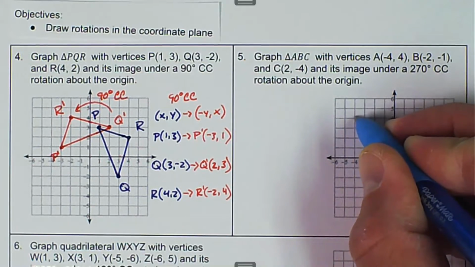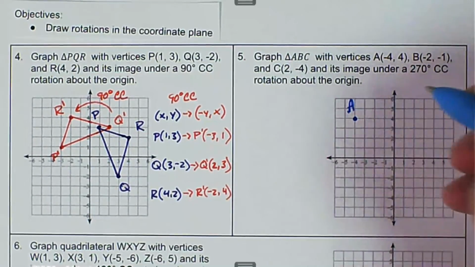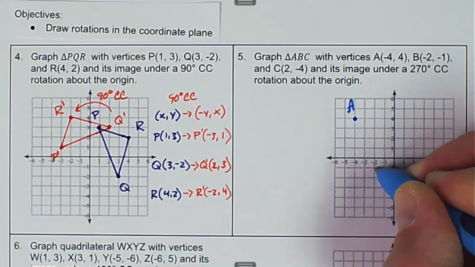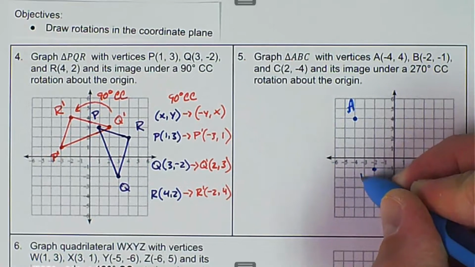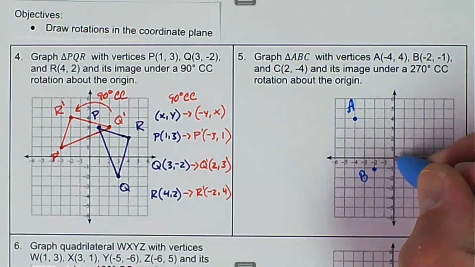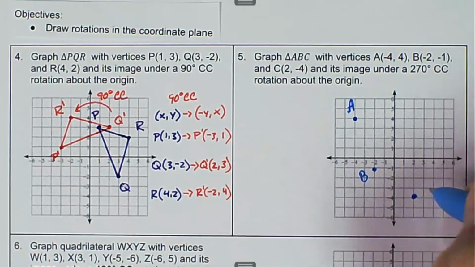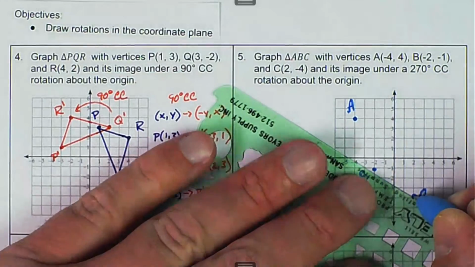That's going to be our A value, and our B value is -2, -1. And our C value is 2, -4. And I'll connect those dots to finish our pre-image out.